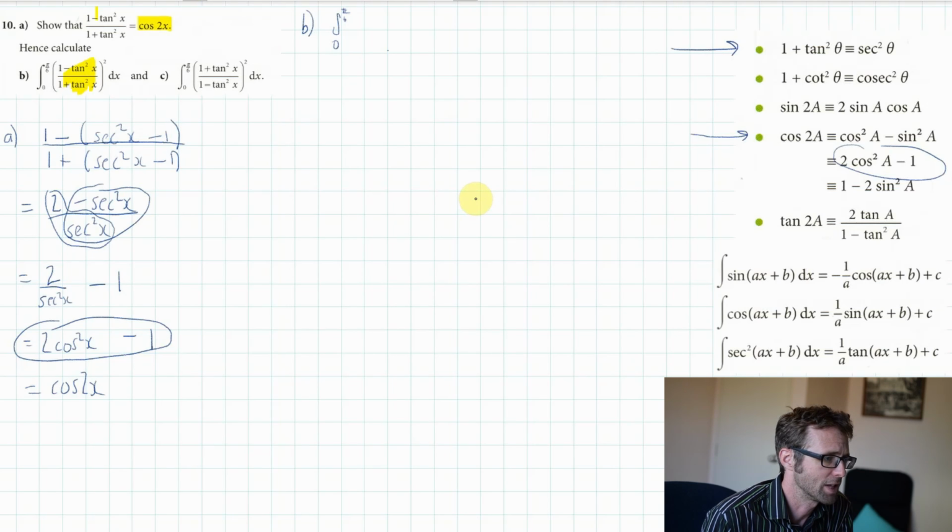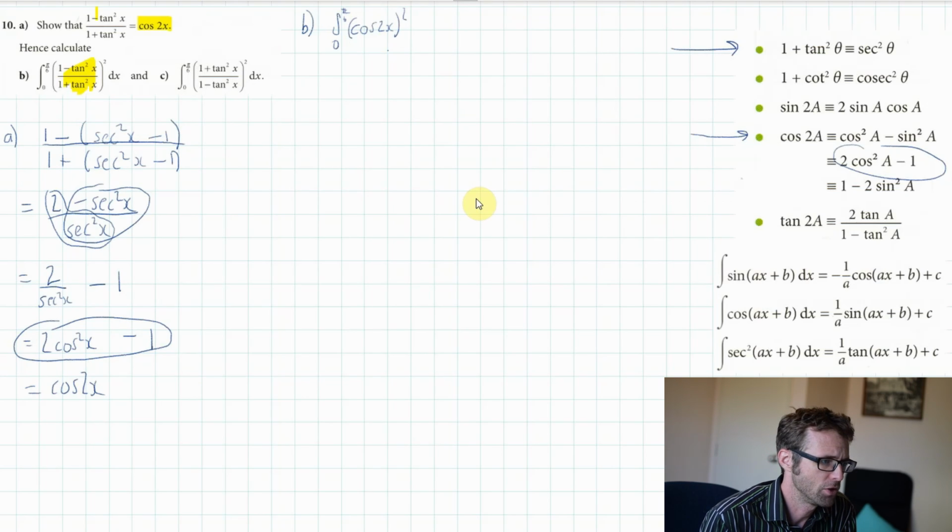But you'll note that this time it's squared, so I'm going to go cosine 2x squared. Now remember we can't integrate these squared functions, so we're going to have to use some kind of rule to get it into a form that we can integrate.